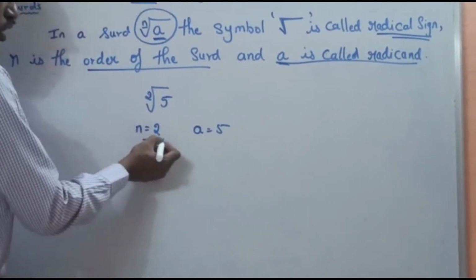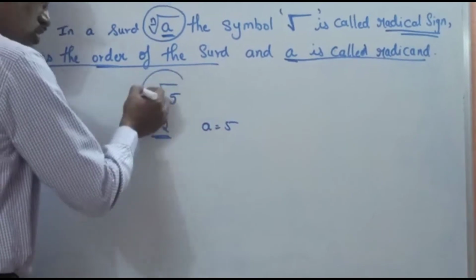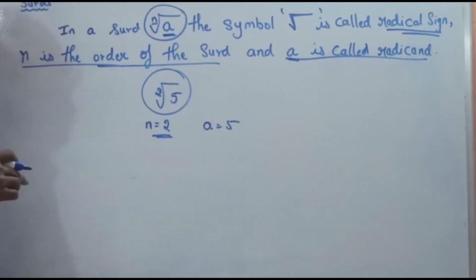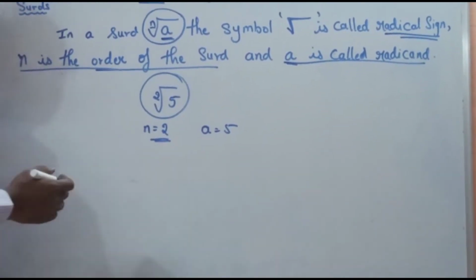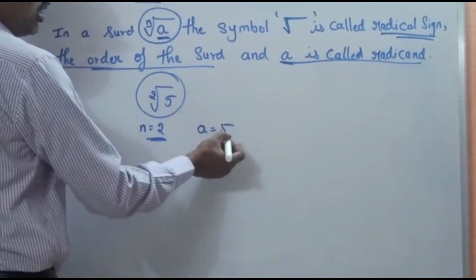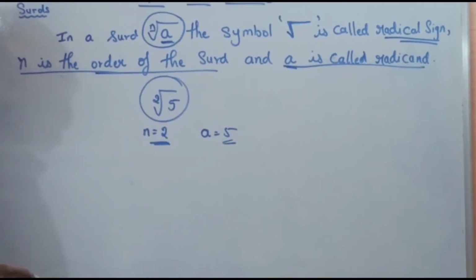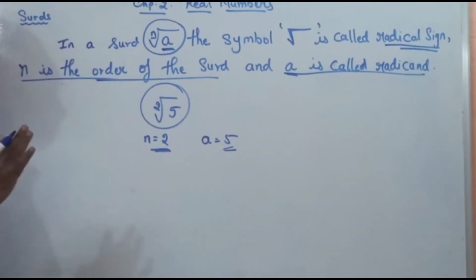So n is the order of the surd. If I ask you what is the order of this surd, the order is 2, and the radicand of this surd is 5. Try to understand. It is very simple.